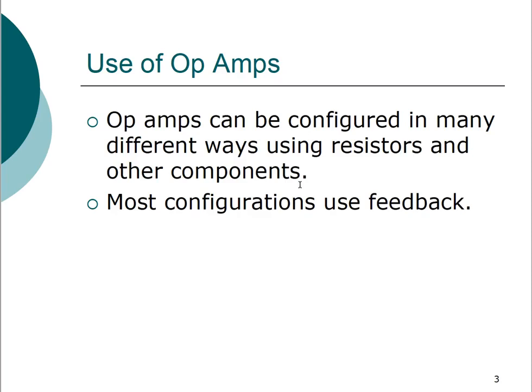So with different combinations of these components, you can create the op-amp with varied applications. Most configurations use feedback. In an operational amplifier, you use negative feedback, and we will see how that negative feedback is put into the circuit. So let's see next.